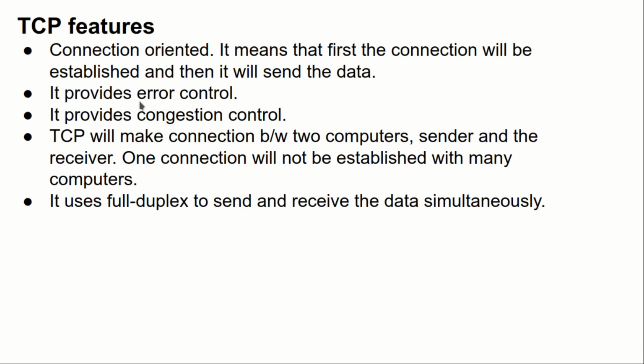It provides error control, checking for errors, and it provides congestion control. TCP makes a connection between only two computers, the sender and the receiver. One connection will not be established with many computers, so the sender will not be connected with many receivers.